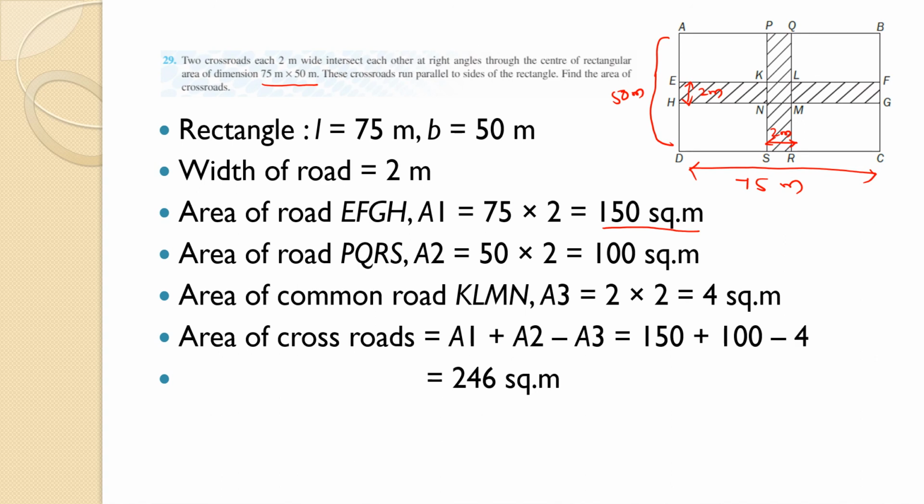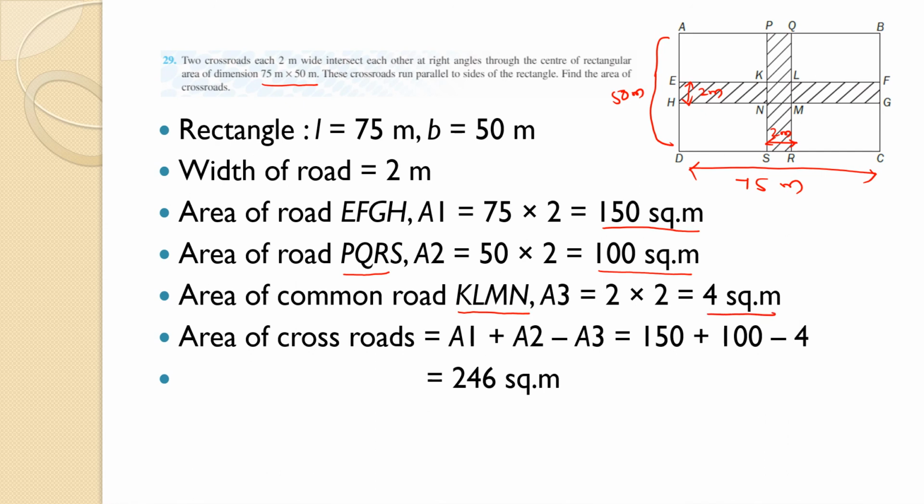Second, I will find the area of the road PQRS, that is 50 into 2, that is 100 square meter. And there is a common portion between these two roads, that is KLMN, which will be given by 2 into 2, that is 4 square meter.